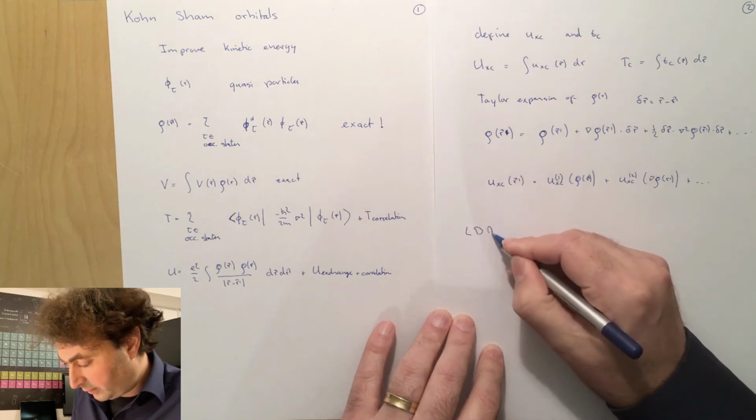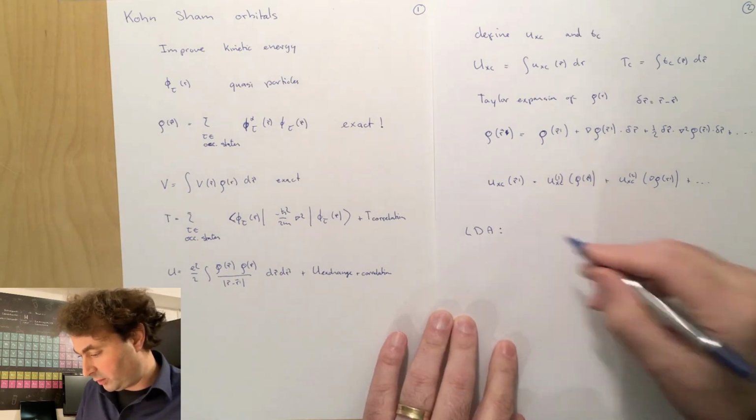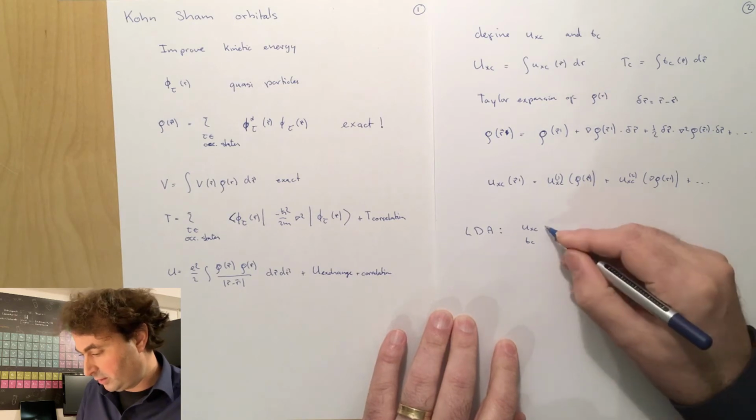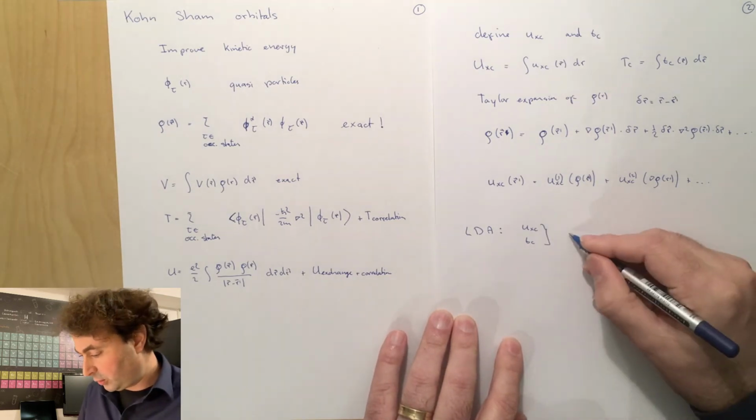We can now define approximations. In the local density approximation, we're going to say that U exchange correlation and T correlation is basically given by only the local density.